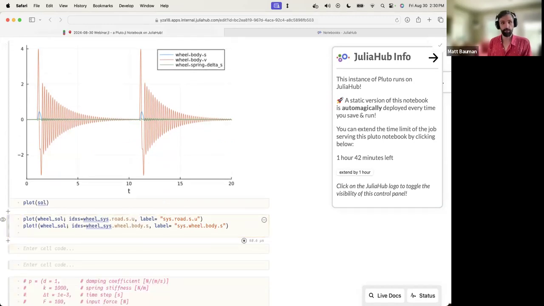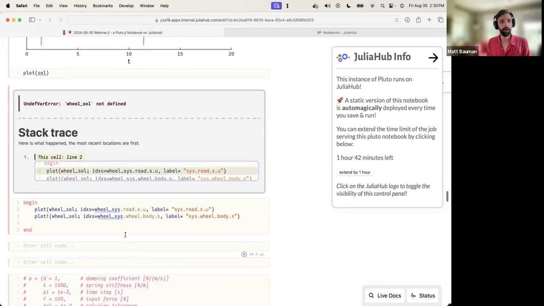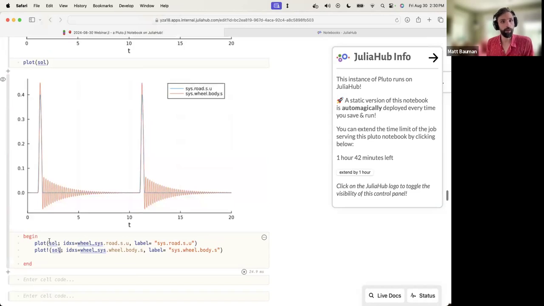So that's where it's nice to explicitly say that you have a plot here, and oops, I called this sol in the actual thing. Where you can explicitly say, let's just look at that bump in the road as blue, and the wheel body, the mass and the wheel itself as orange, and you can see how the mass and spring damper behave.